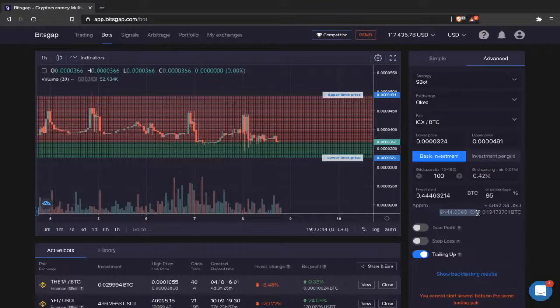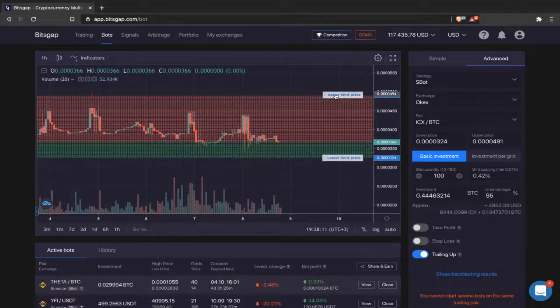And here's the exact amount that is required for this configuration. All right. So you see, it requires 8,000 ICX and 0.13 bitcoins. So out of this total investment, it is clear that we have around 60, I think 70% of the base currency and 30% of the quote currency required.